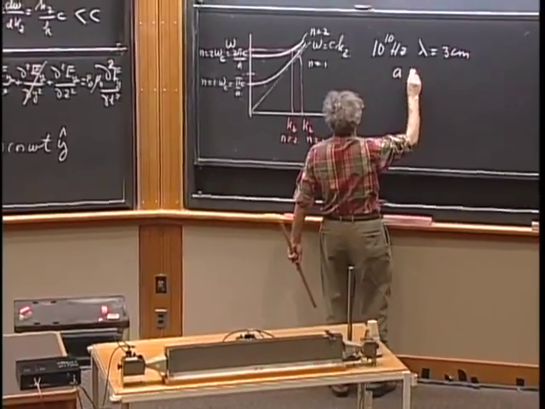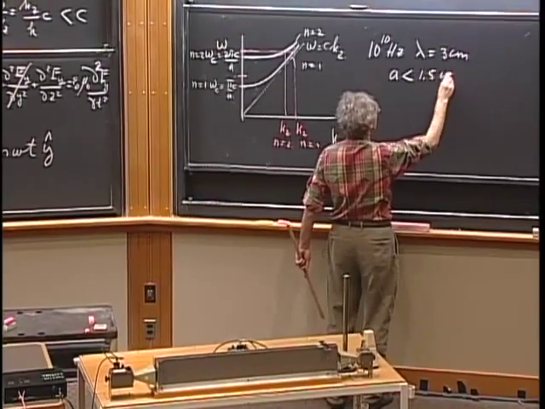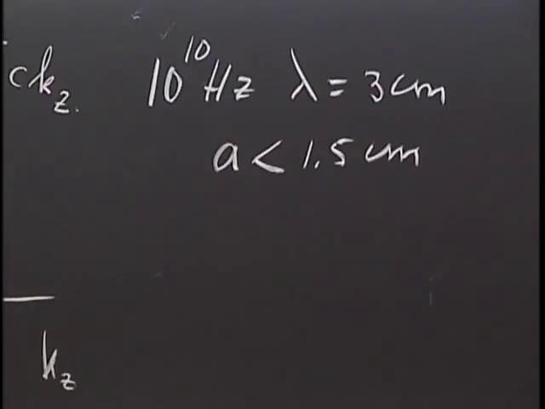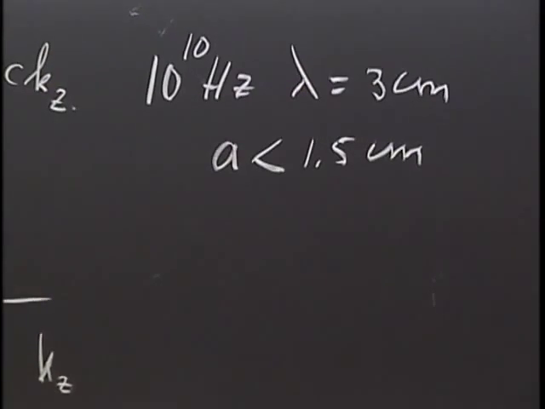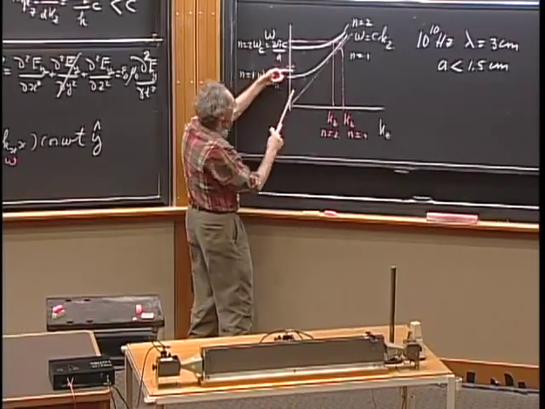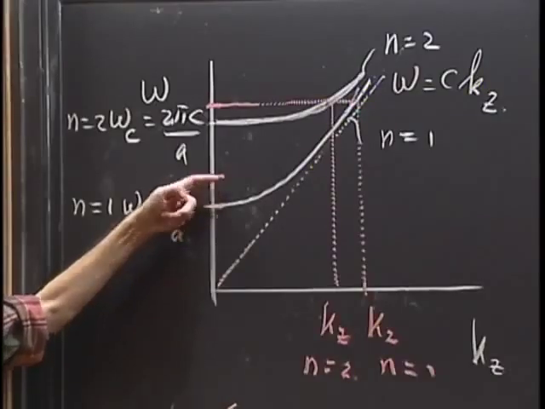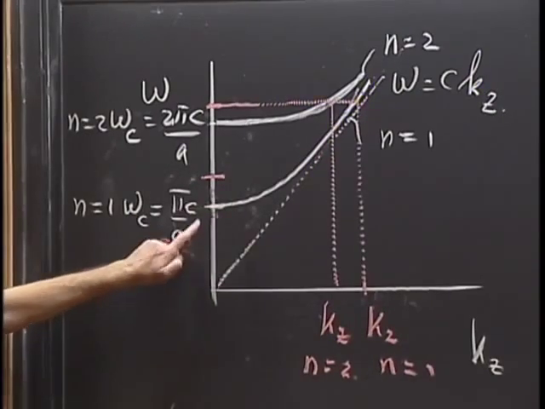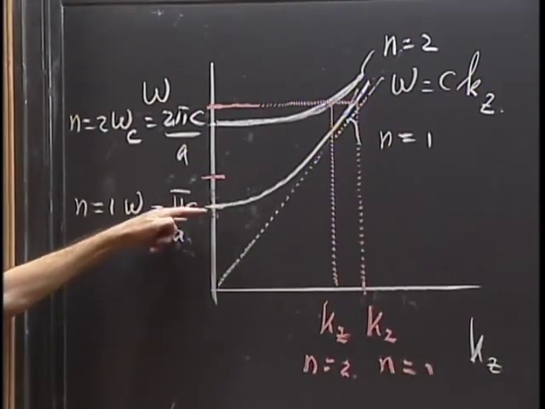So the moment that A becomes less than 1.5 centimeters, there is no longer a way for the y component to go through. What I'm doing is to keep this point constant, but this line I am moving slowly up. Because when I make A smaller, this omega c goes up.